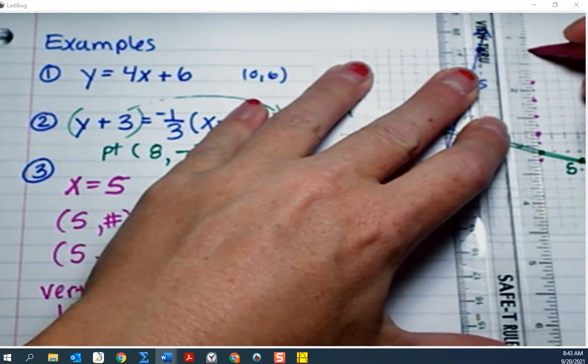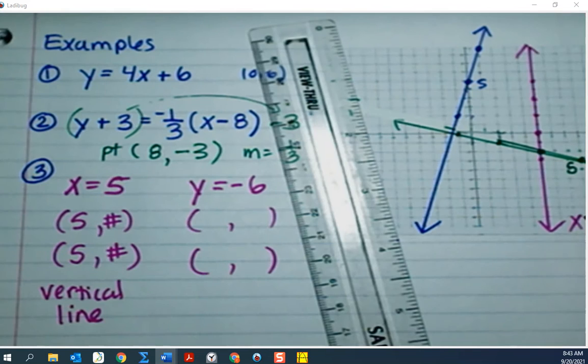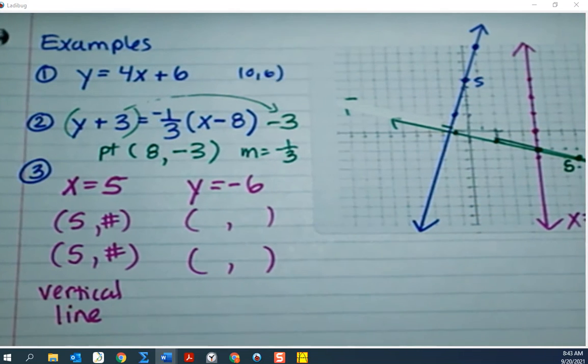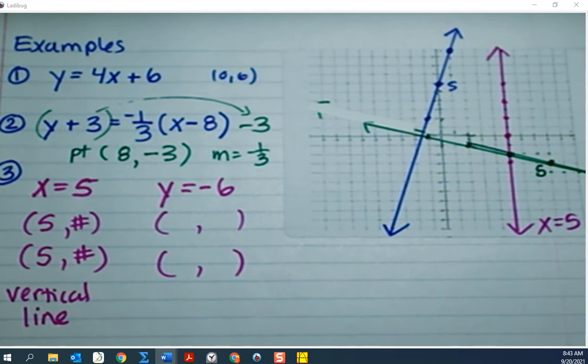And the way I think about that is I try to come up with points, right? I try to think of points that would fit into that equation. And the only thing I could come up with was x-coordinates of 5.